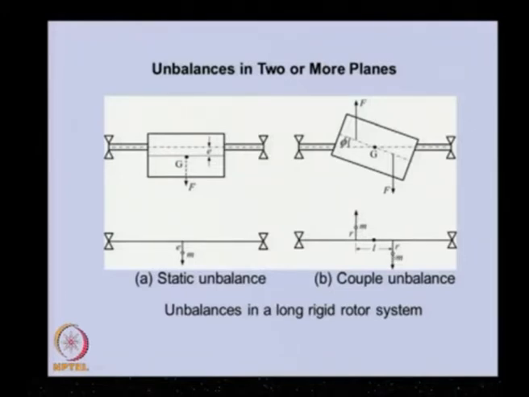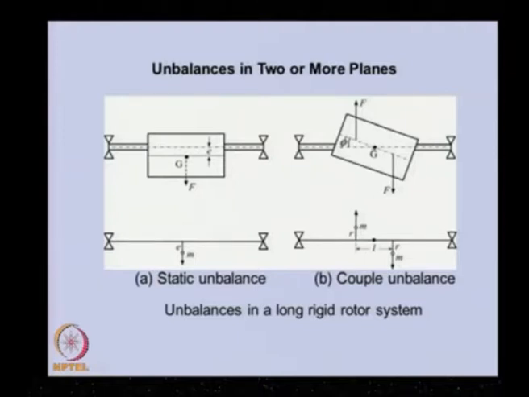Obviously, we need to balance this rotor by two planes. Single plane balancing will not be enough, and when the center of gravity is at the center, a pure couple will act, which is why we call this couple unbalance.